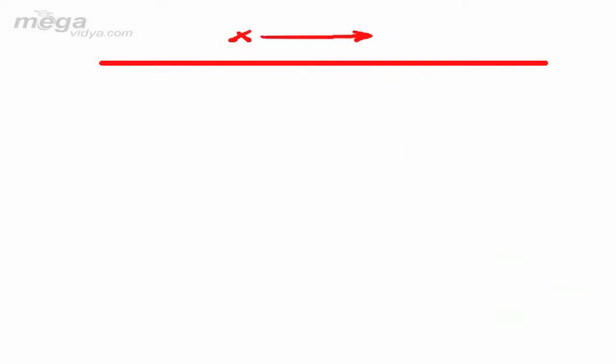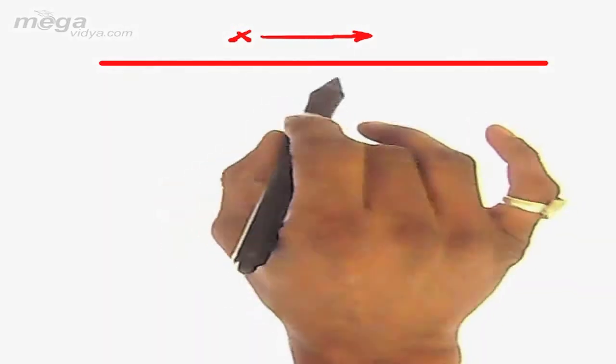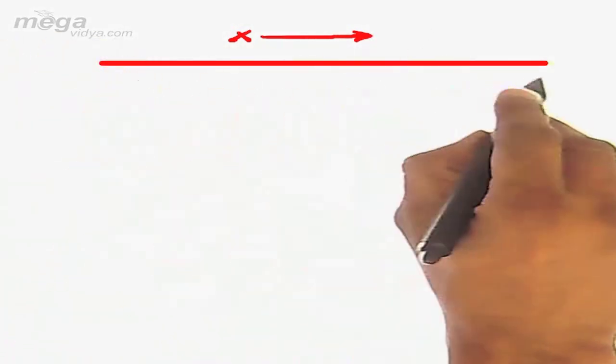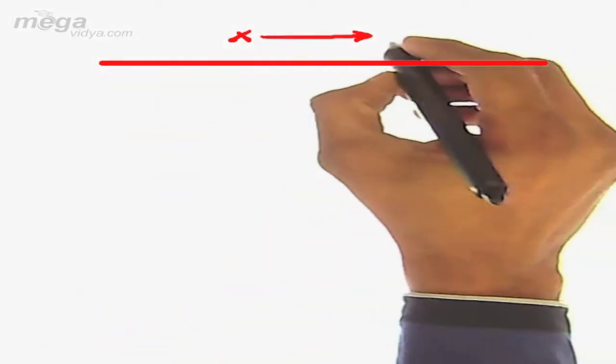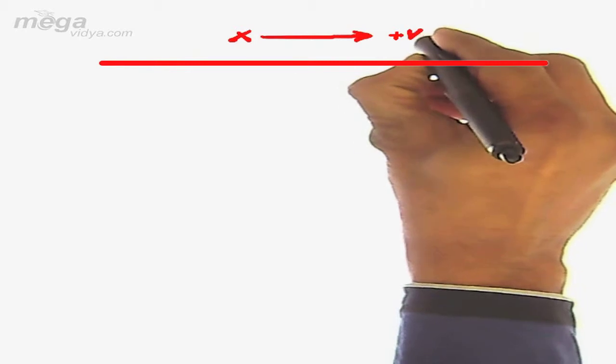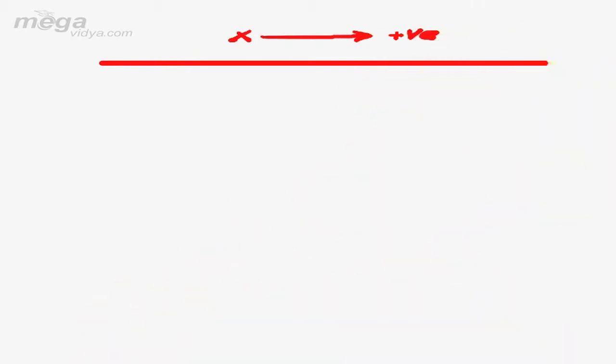If the particle moves along the straight line, here along the x-axis, then its motion from left to right we will consider to be positive, and motion opposite to this specified direction which we have taken positive will be considered as negative x direction.